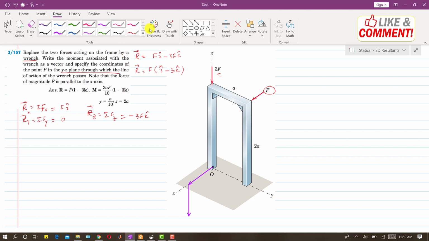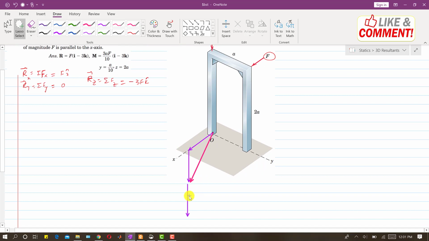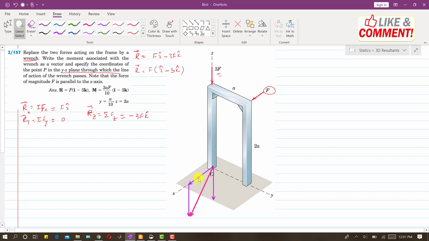So if I represent that, this will be that resultant from this point to this point. We can complete the parallelogram by placing this same vector at that point O, right? So let me place it here, and if I place this component again at this point, this resultant has two components, one component in the x direction and one component in the negative z direction. So this is that resultant vector representation. So this resultant vector is in the XZ plane, right?